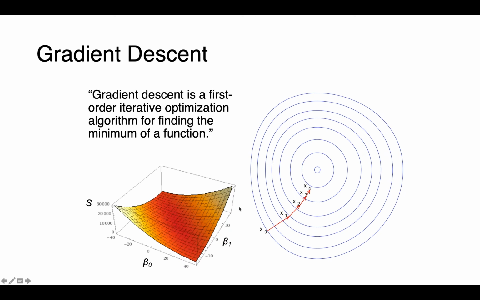Here we're going to talk about gradient descent. Gradient descent is a process to optimize your parameters, using the gradient of the parameter space to find the optimal points in the parameter space.